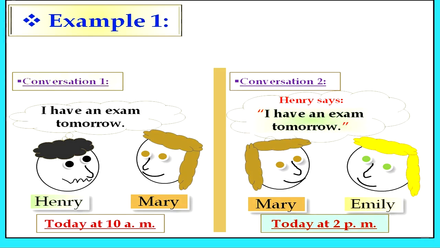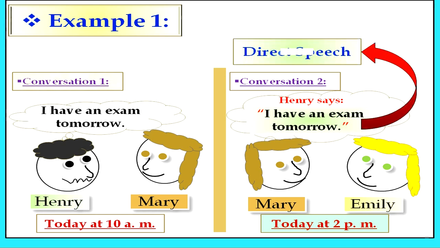In this conversation, Mary uses the same or the exact words of Henry when she says, "I have an exam tomorrow." So this sentence is what we call direct speech. Why is it direct speech? Simply because Mary uses the same words, the actual words that Henry used in the first conversation.